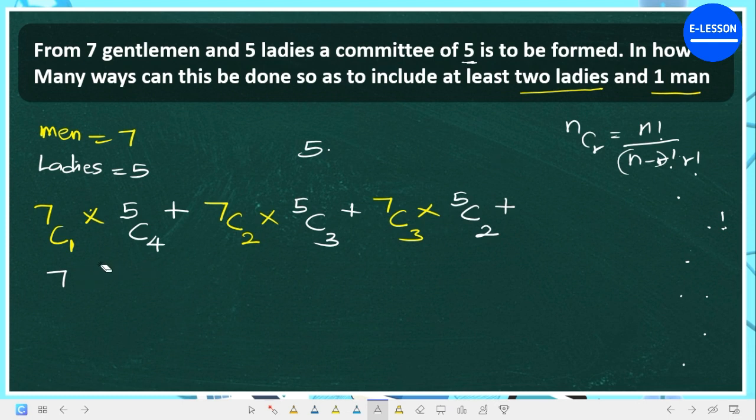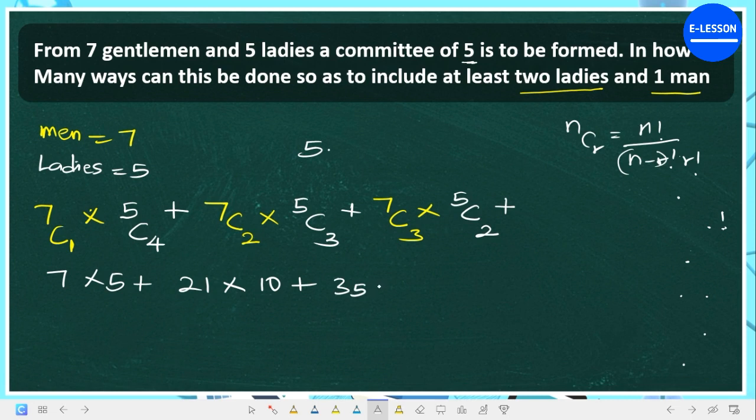So we say this is times 5, plus the next one, which is 7 shift combination 2, and that will give us 21, plus 21 times 5 combination 3. 5 combination 3 will give us 10, plus the next one is 7 combination 3, and this will give us 35.